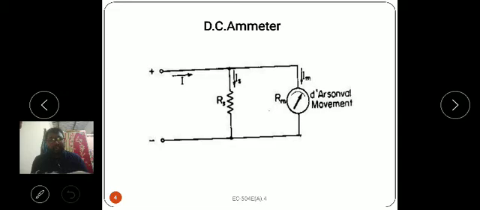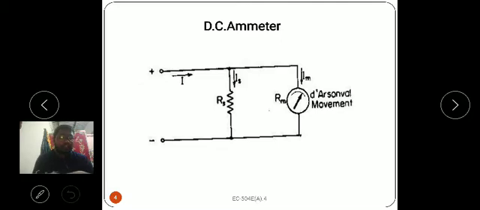In this ammeter circuit, I am going to explain the DC ammeter extension. The basic movement of a DC ammeter is a PMMC galvanometer. Since the coil winding of the basic movement is small and light, it can carry only very small currents.